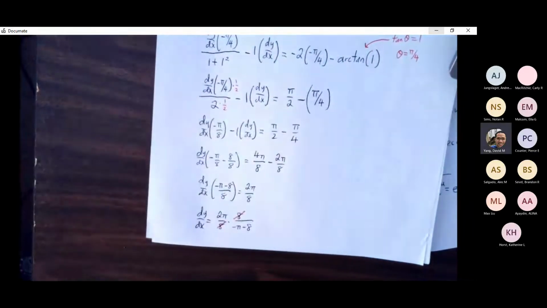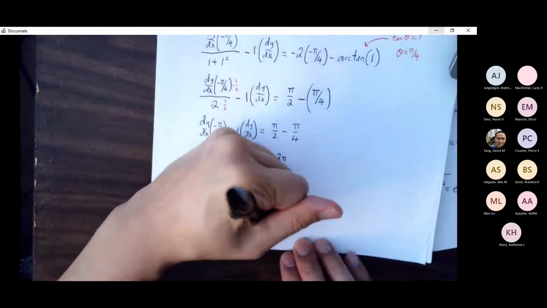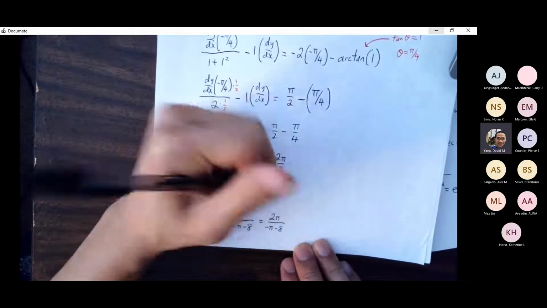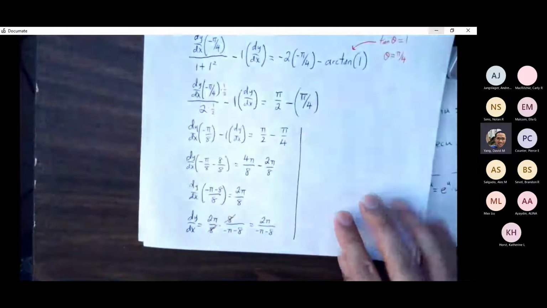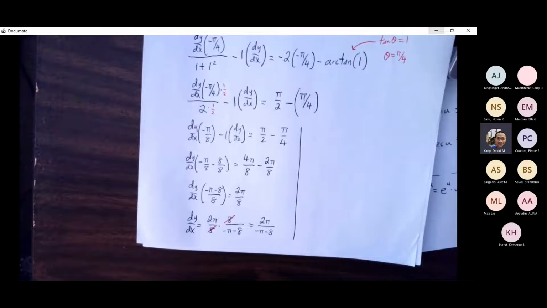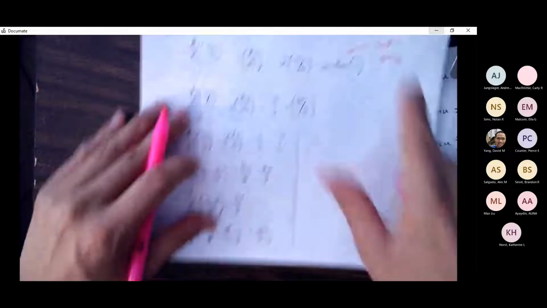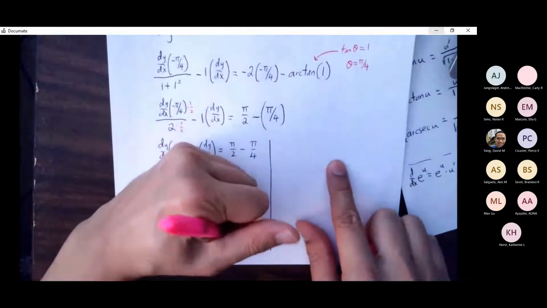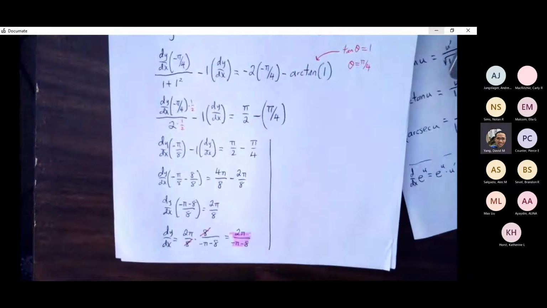So I'm just left with 2 pi over negative pi minus 8. Okay, so I have everything that I need. I have my ordered pair up here. I have my slope here. And now the rest is point slope form.